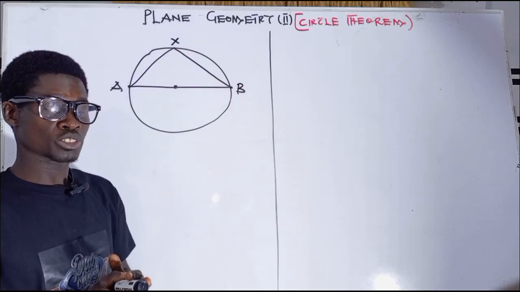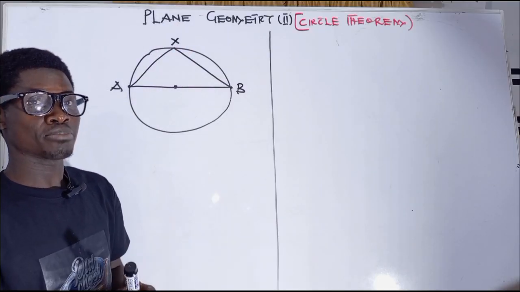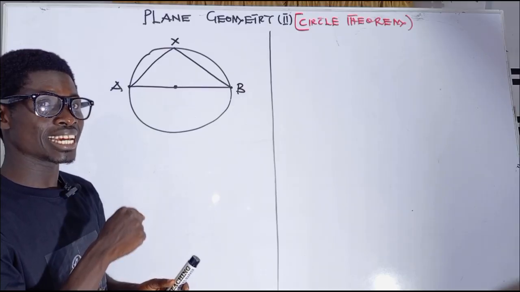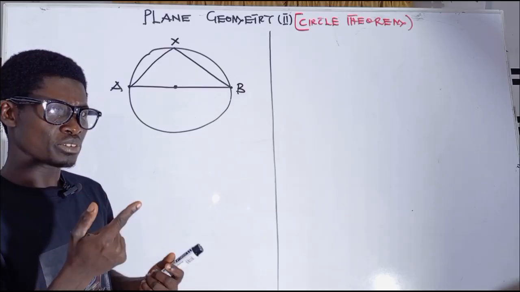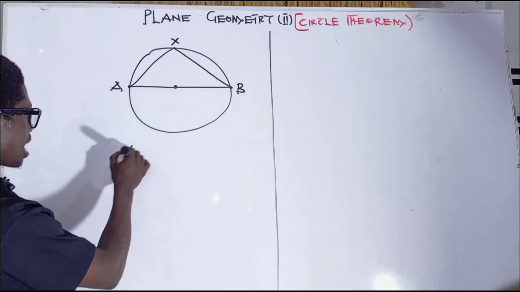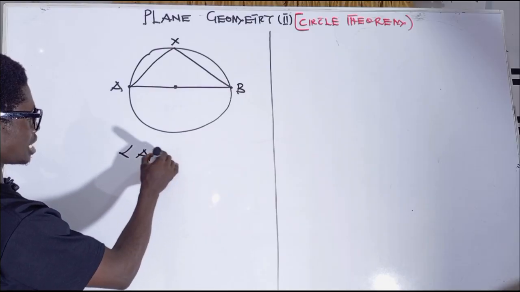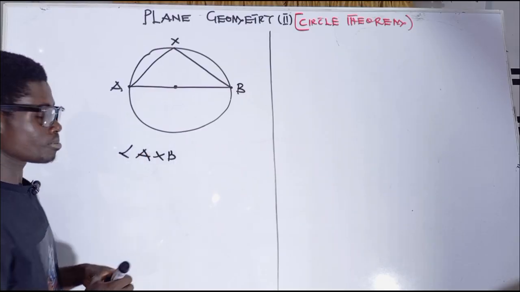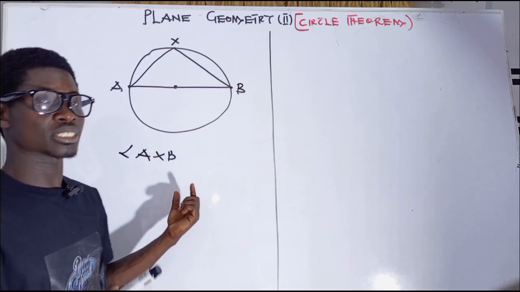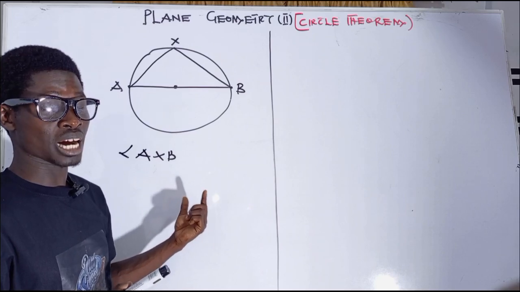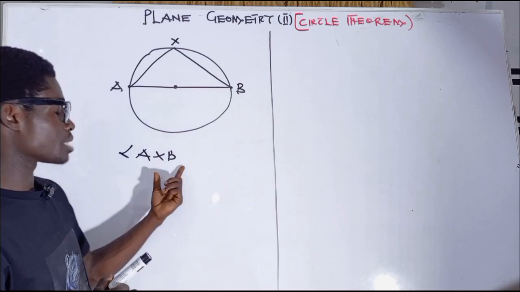What I want you to do is pick your protractor and measure angle AXB. I believe you know angle AXB. Most often, this is how questions under circle theorem are given.